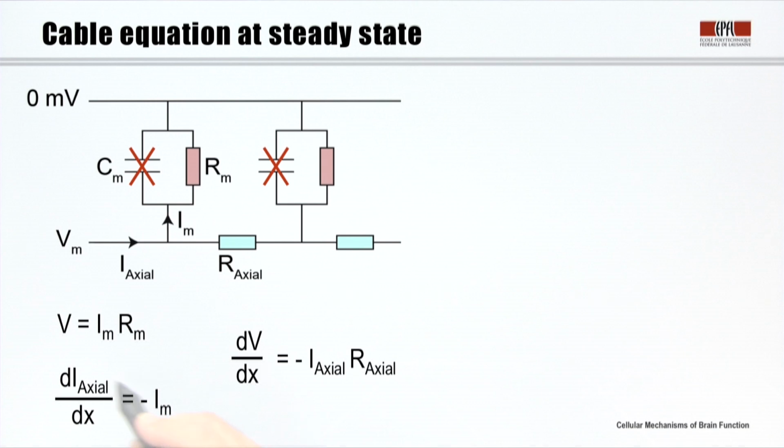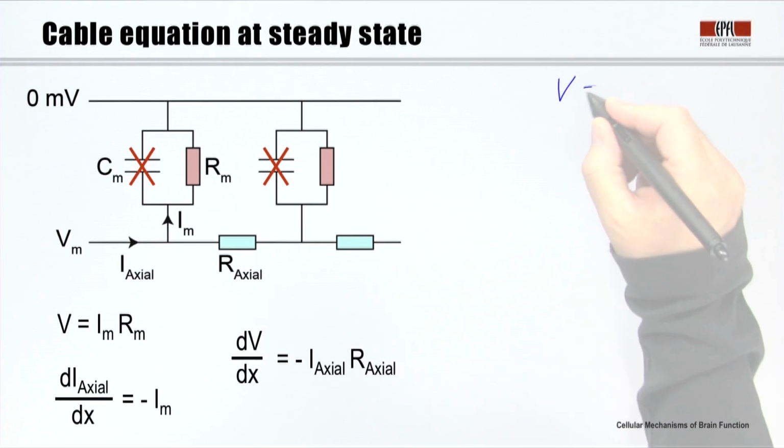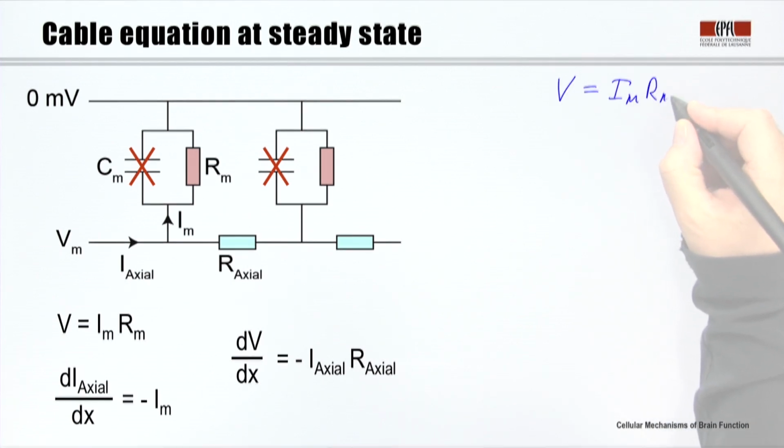Finally, we can see that the change in axial current depends upon how much of that current leaves across the plasma membrane. And so the change in axial current is equal to minus the membrane current. We can take these three equations and solve for the cable equation in one dimension at steady state. We begin with Ohm's law.